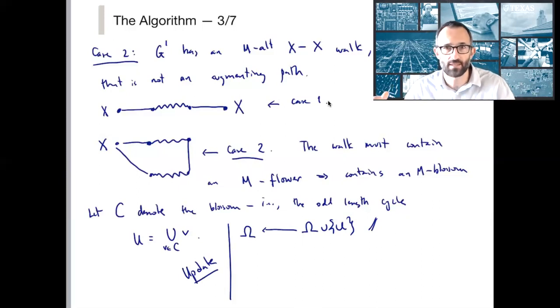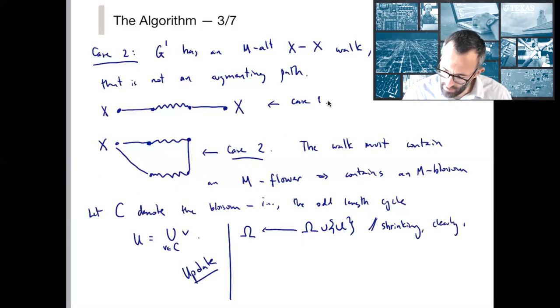We just now have a nested set. We've added a larger set. So this is called the shrinking operation, and it maintains laminarity of omega. So actually the way that we maintain laminarity is going to be essentially by construction, easy to see.